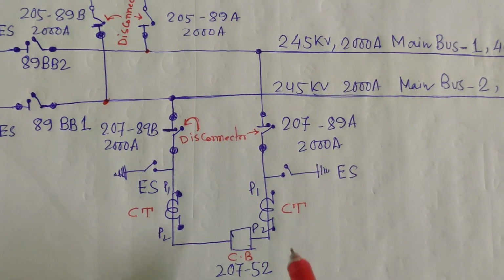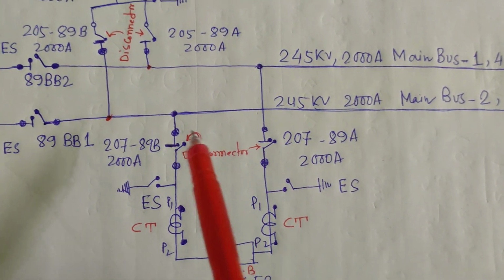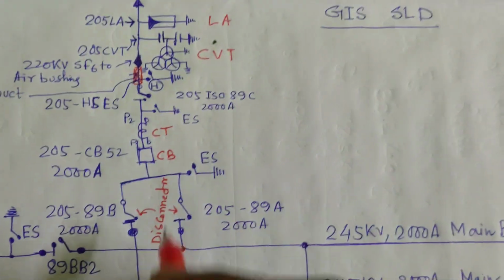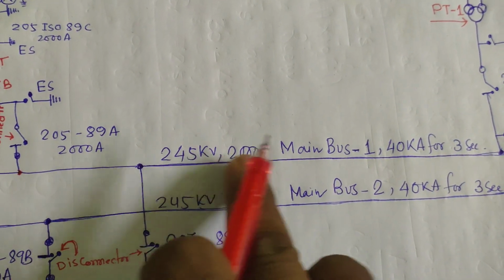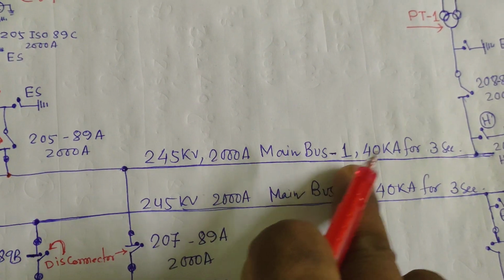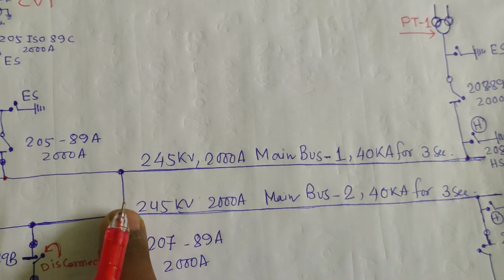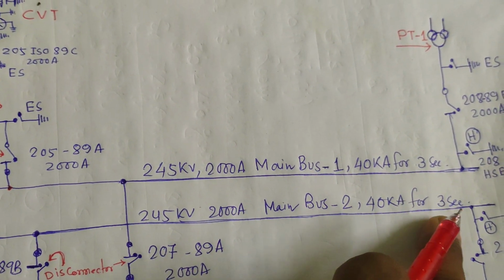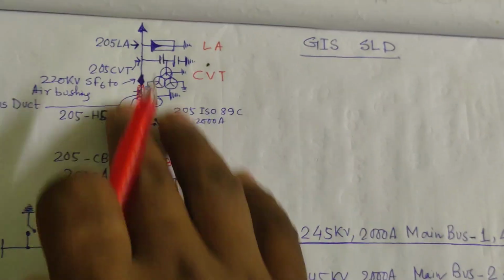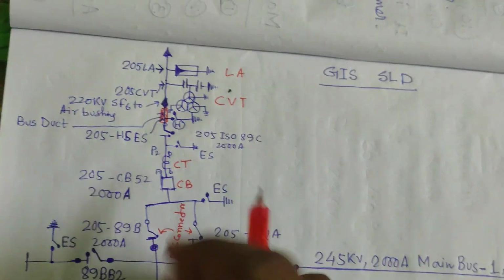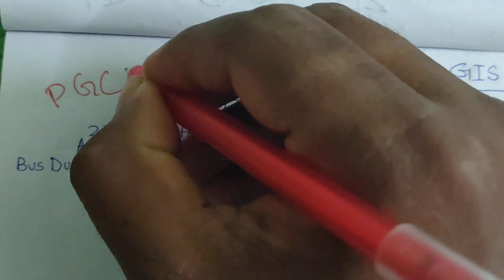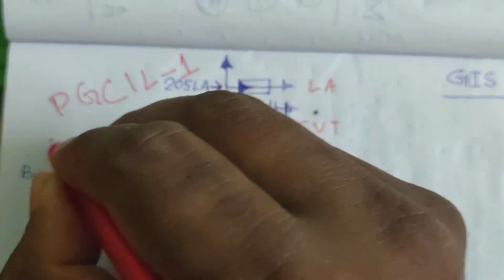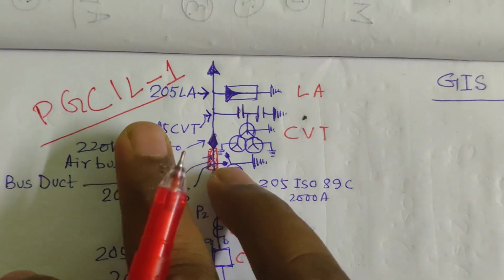So the bus coupler is present here. As we have already discussed, this is main bus 1 and this is main bus 2. Suppose it is 245 kV, 2000 ampere main bus 1, 40 kilo ampere for 3 seconds, and it is also main bus 2 for 40 kilo ampere for 3 seconds, and these connections are coming from PGCIL 1, Power Grid Corporation of India Limited.